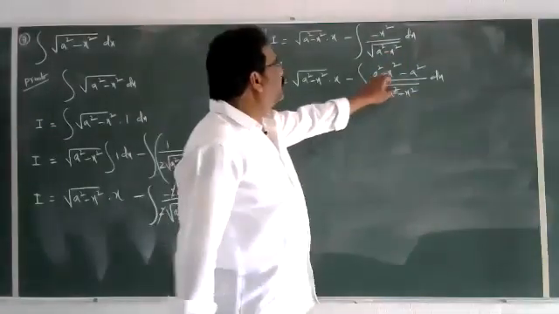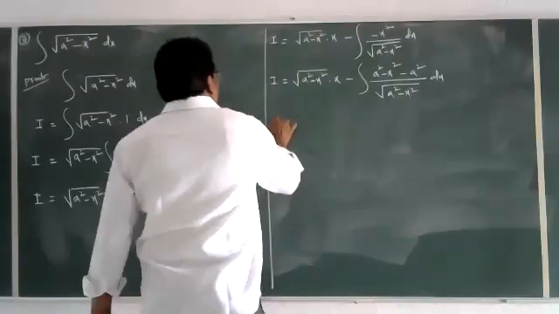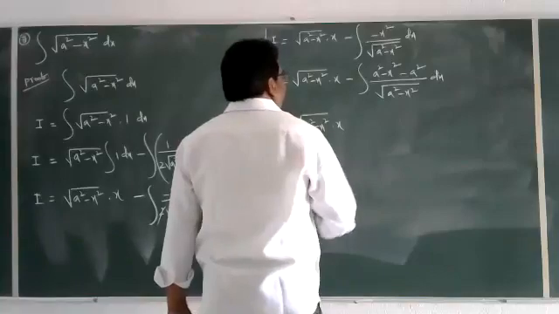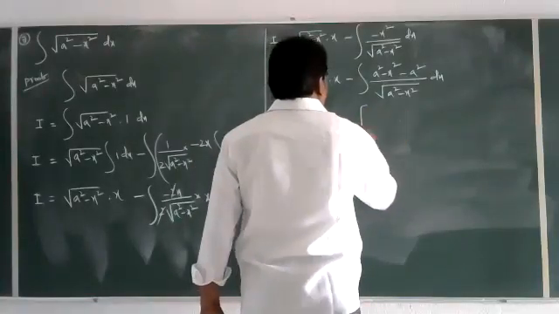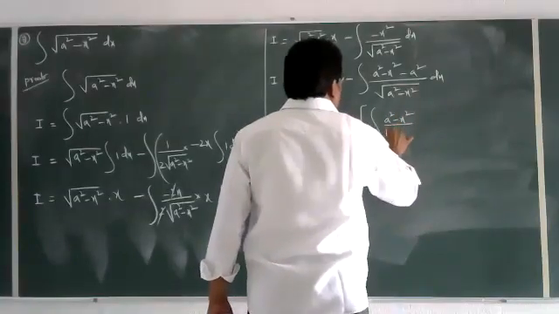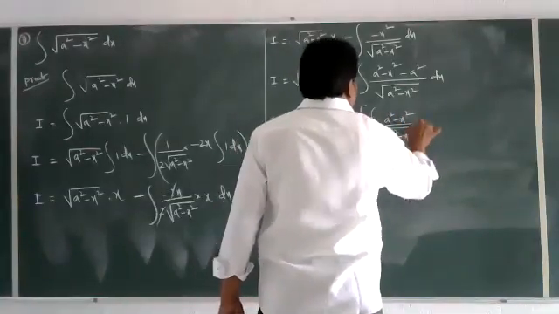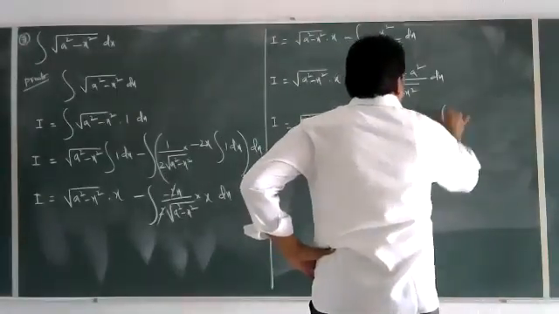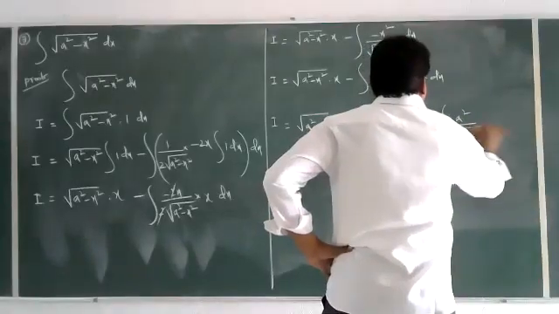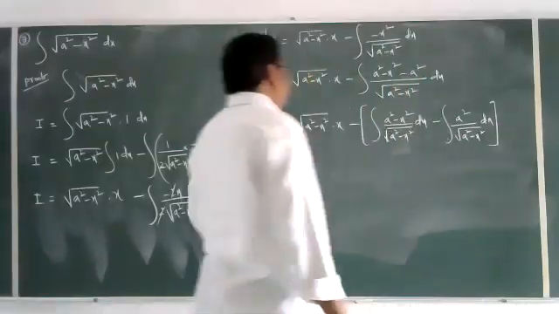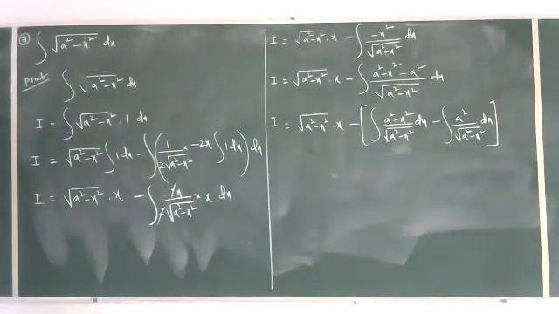So you can split into these two integrals, that is I is equal to root of a square minus x square into x minus of integral a square minus x square by root of a square minus x square dx, minus integral a square by root of a square minus x square dx. You can split into two integrals.